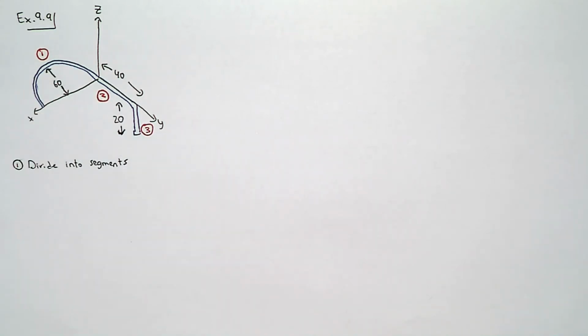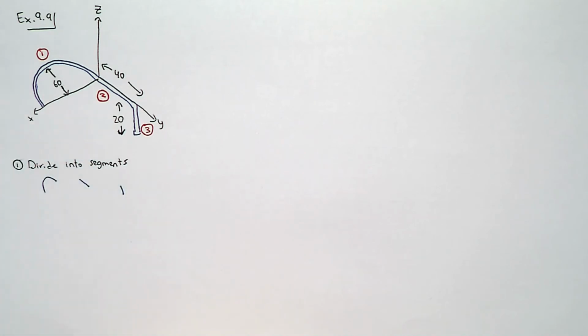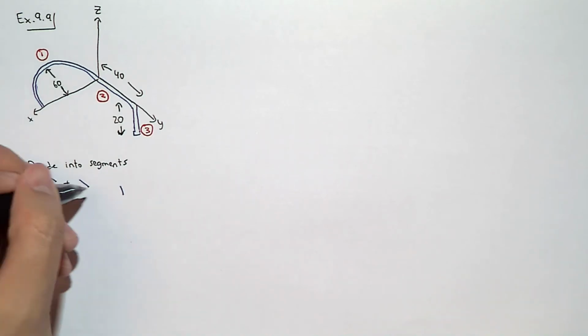That's correct. So we divided our element into three segments. Segment number 1, segment number 2, and segment number 3. Do we have to subtract any of these segments, or are they all addition? Do we add all of them, or is there anything we have to subtract? Adding? Okay. Good.